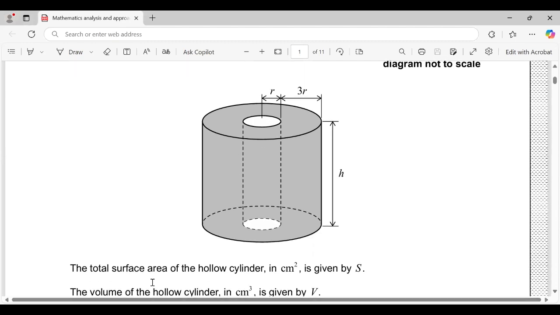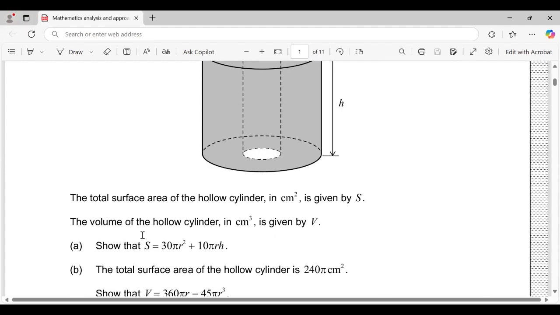The total surface area of the hollow cylinder in centimeters squared is given by S. The volume of the hollow cylinder in centimeters cubed is given by V. Show that S equals 30 pi r squared plus 10 pi r h.